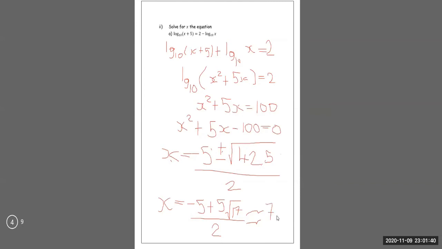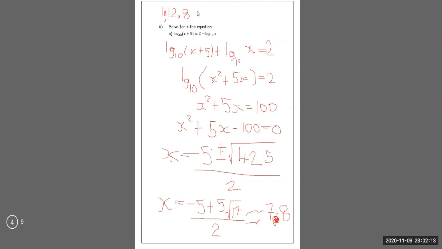Now look what I want to do. In your calculator, when you get decimal answers, you always want to check that they're right. What I want you to do is check the log of 7.8 plus 5. That's the log of 12.8. Work out the log of 12.8. 1.1.